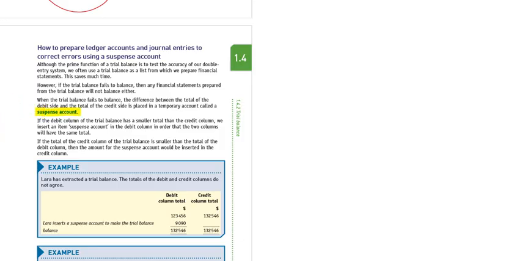The main reason is, for example, this is the trial balance. This is the debit side of the trial balance and this is the credit side.